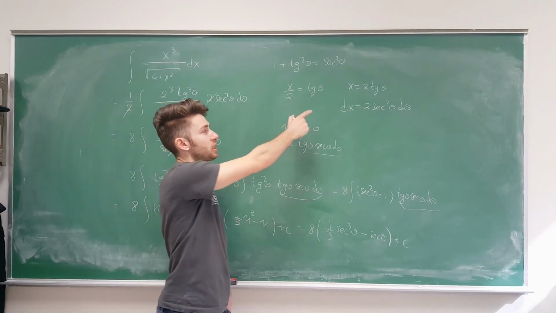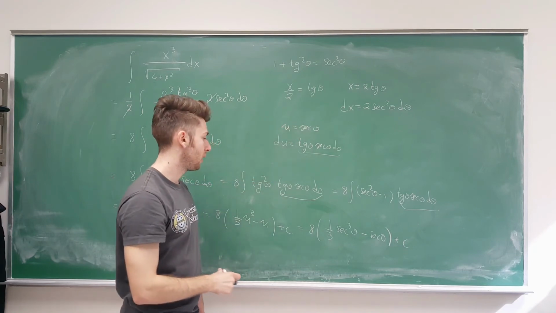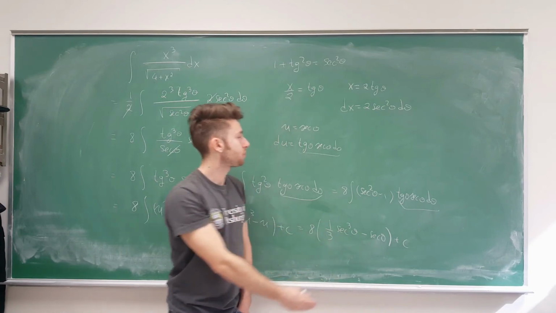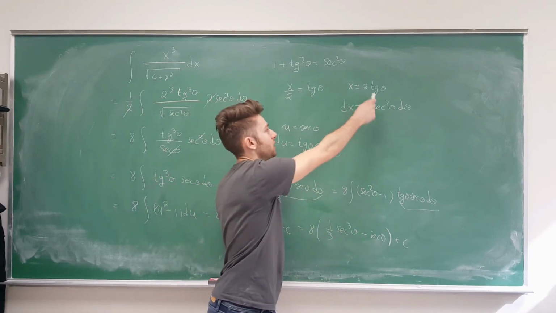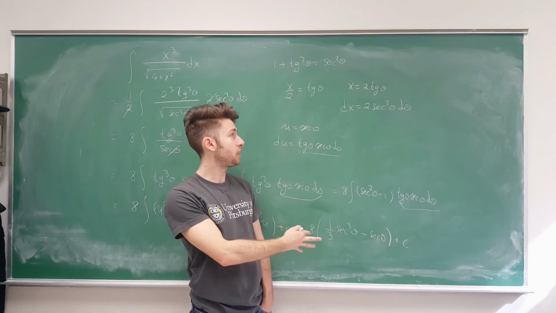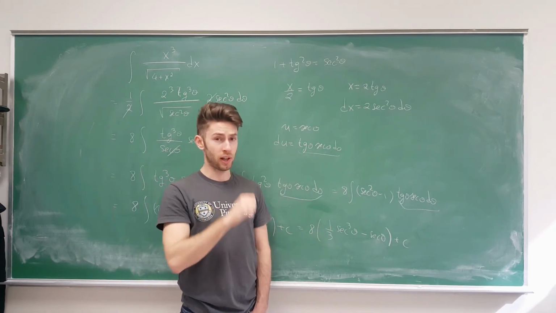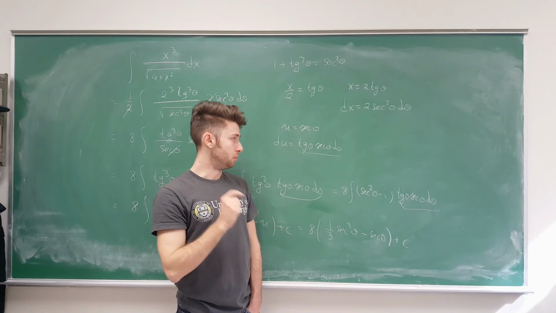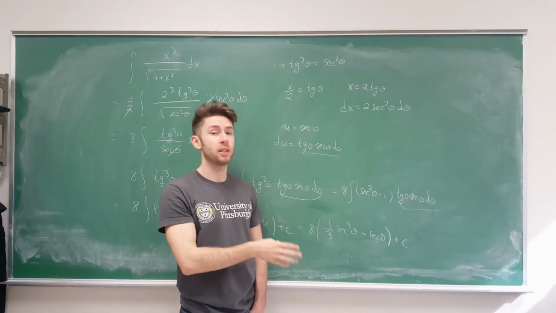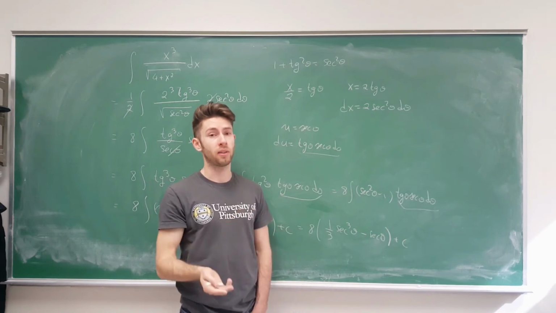And then we have to go back to x by using the original trig substitution that we made. Now in order to do that, here we see secant theta, and we have that x is equal to 2 tangent theta, so you either figure out what secant is by using trigonometric relations, or sometimes people like to draw a triangle and fill that out to help with this substitution. I'm going to review how to do that.